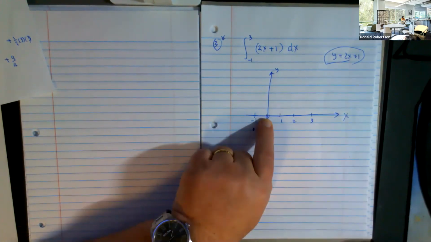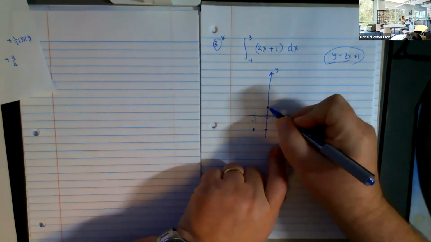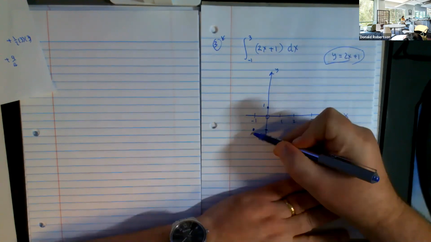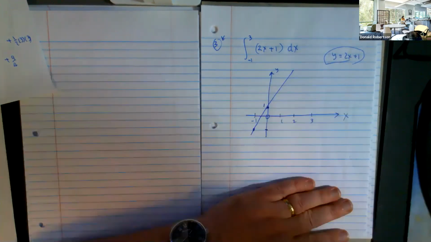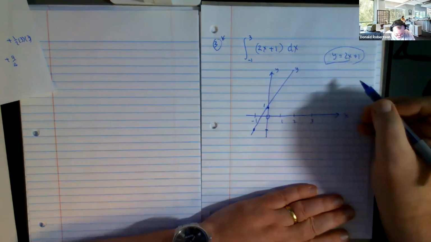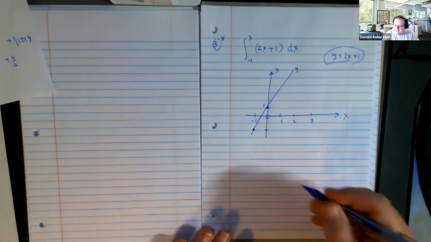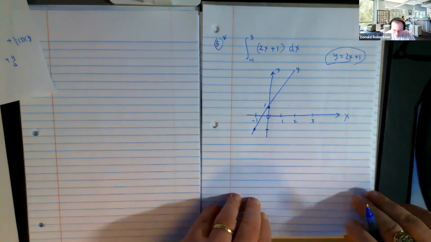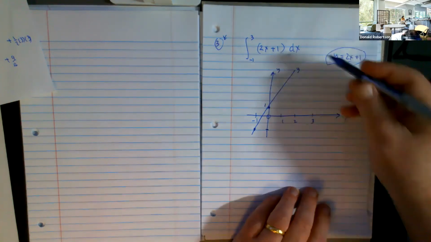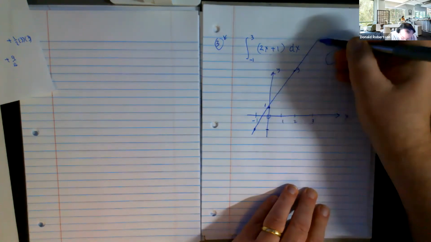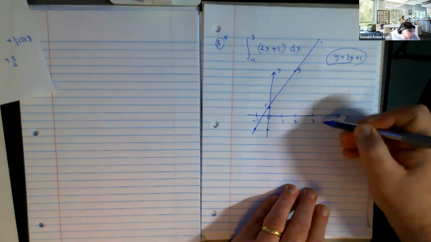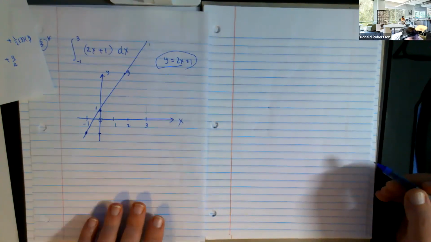At x equals 0, it's 1. And can you imagine it going something like that? Oh God, that was a bad sketch. Can I redo my sketch now that I've started it? If I do my sketch accurately, I guess I can get away with it.